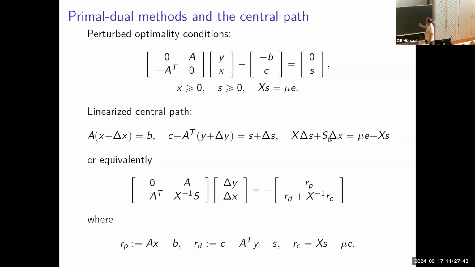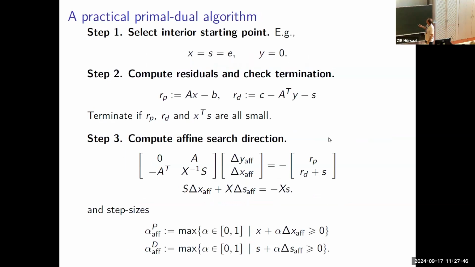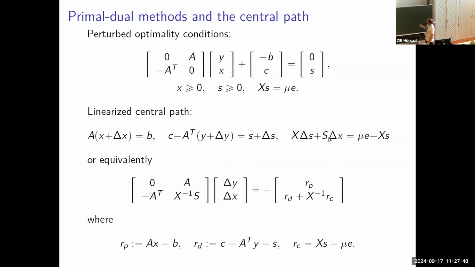So let's get on with it and linearize these central path equations. The first equation, Ax equals b, we just linearize like this. The second one, c minus A transpose y equals s, is just linearized like this, straightforward. The complication is the centrality condition, and that's the only non-trivial thing about interior point methods. That is, how do you linearize the centrality condition? For linear programming, it's still fairly simple.